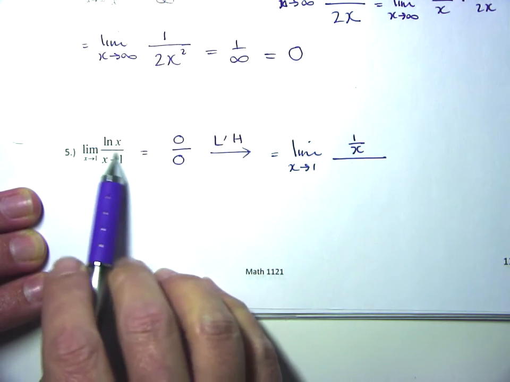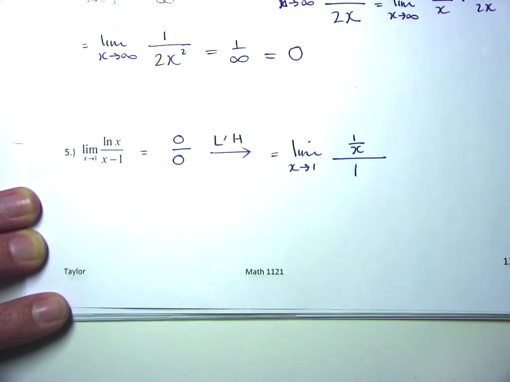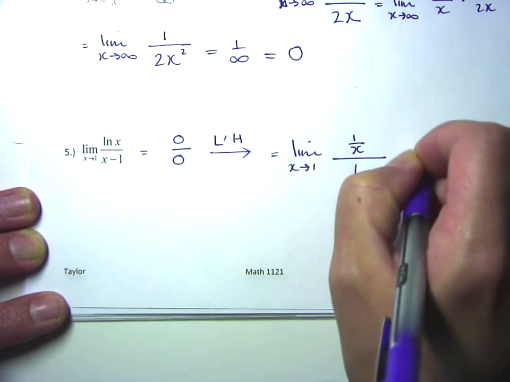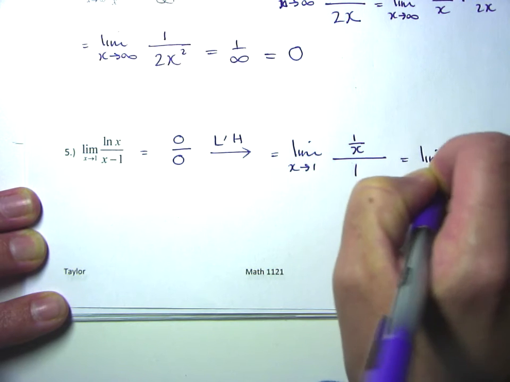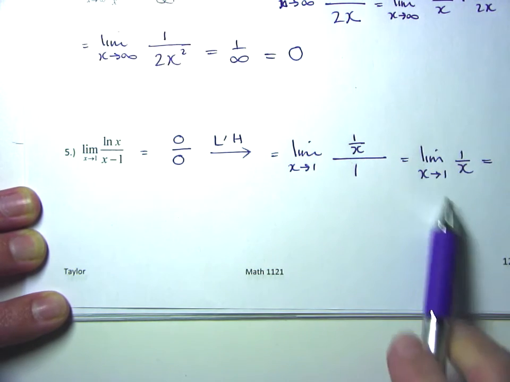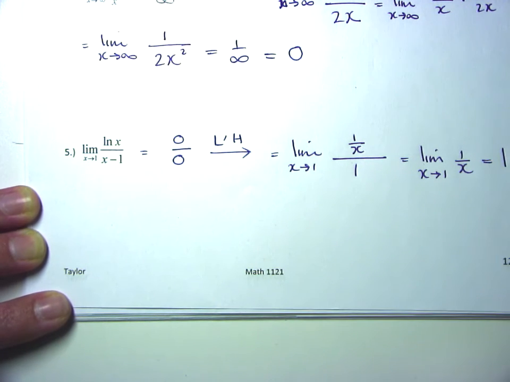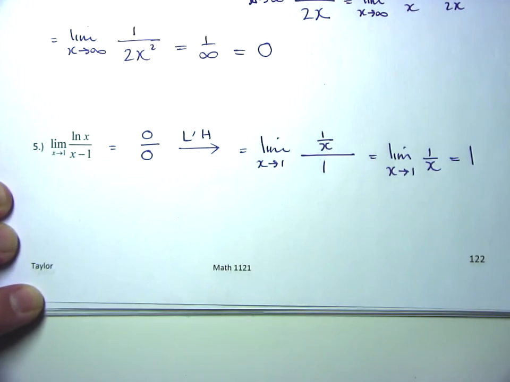And the derivative of the denominator, the derivative of x minus 1, is equal to 1. Now this expression will just clean up to be equal to the limit as x approaches 1 of 1 over x. And you can simply plug in. If we plug in 1 for x, we see that this limit is equal to exactly 1.